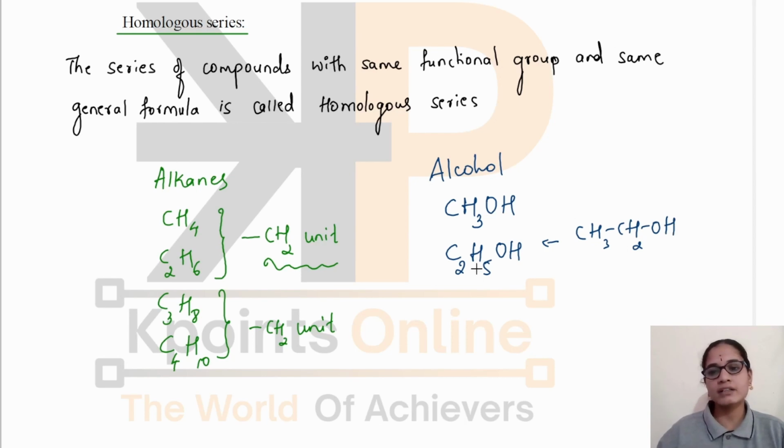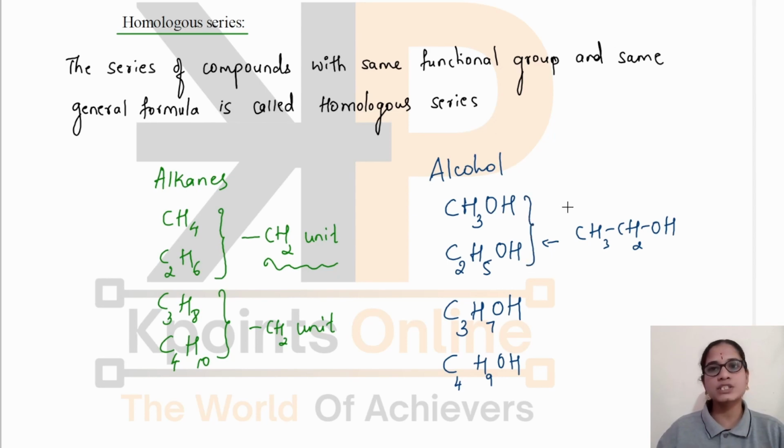I have only written it in the compact form. And also C3H7OH, C4H9OH. Here also you can take any two successive members. They differ in their formula by a CH2 unit. Yes, this is about the homologous series.